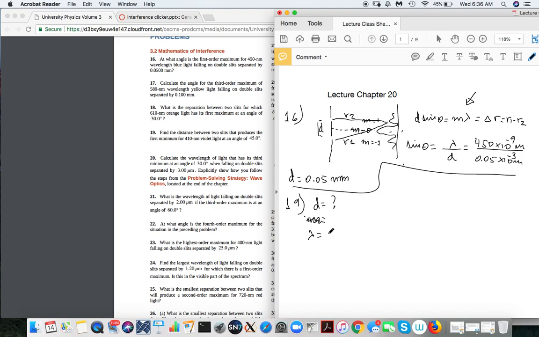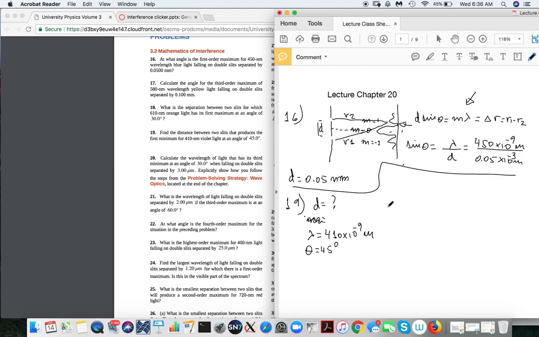Lambda is equal to 410 nanometers. The angle is given, and we are talking about the first minimum. So we are right here, the first minima.